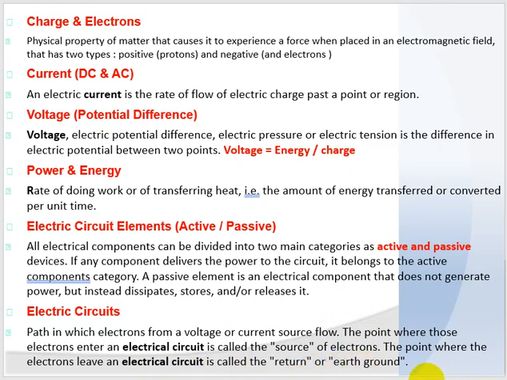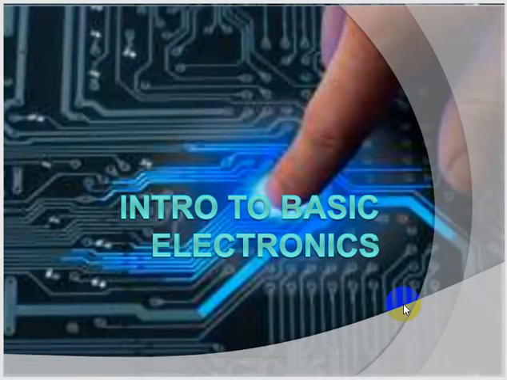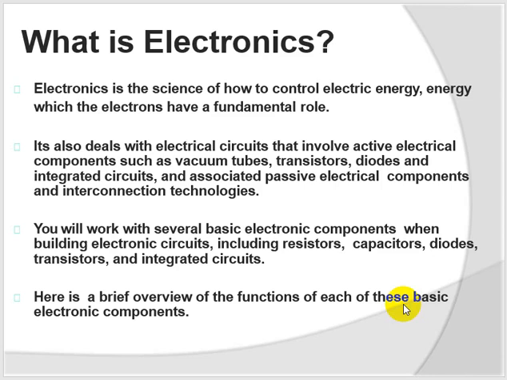So these are very basic parameters which build some background, and you have already gone through all these things in great detail in the course of electric circuit analysis. Now let's start the introduction to basic electronics.